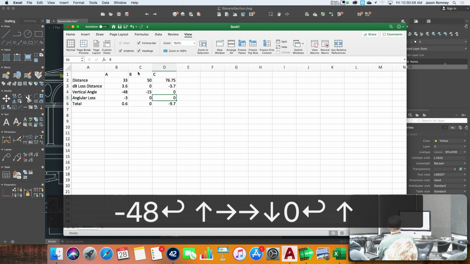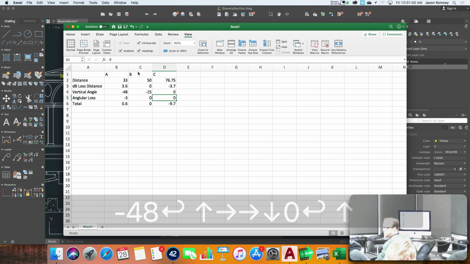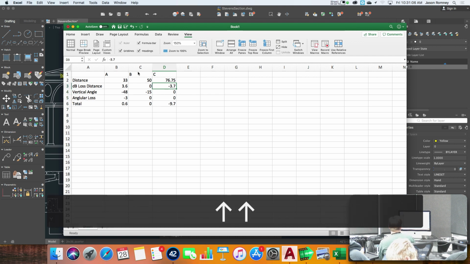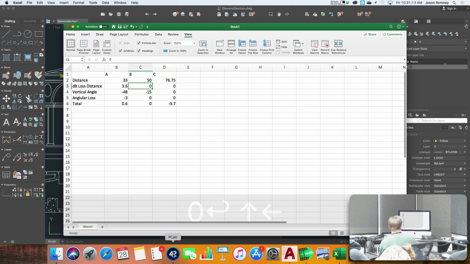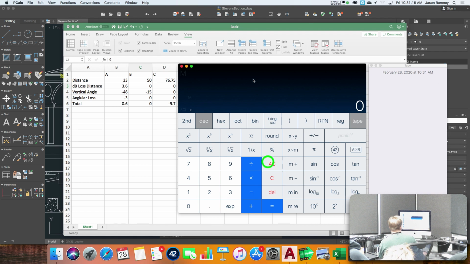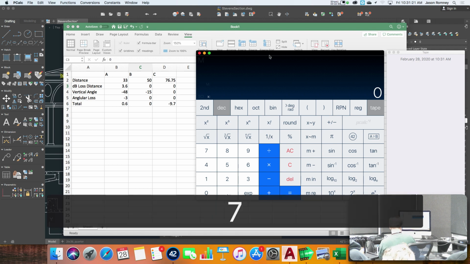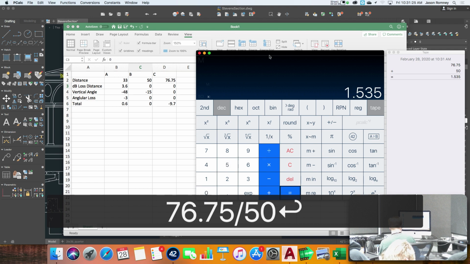Wouldn't your dB loss change too? Because isn't C the new 0? And then, yeah, you're right. We should probably do that. So if I say that's my reference point now, then it would be that same amount, same loss, but let's go ahead and try it. So we would do 76.75 divided by 50, log 10 times 20.